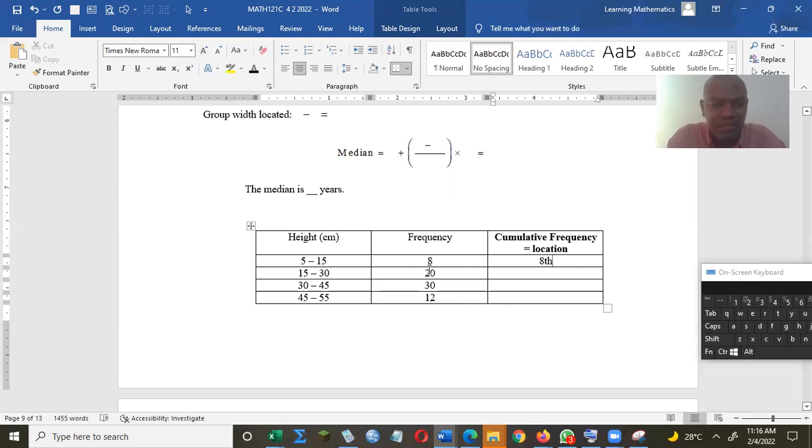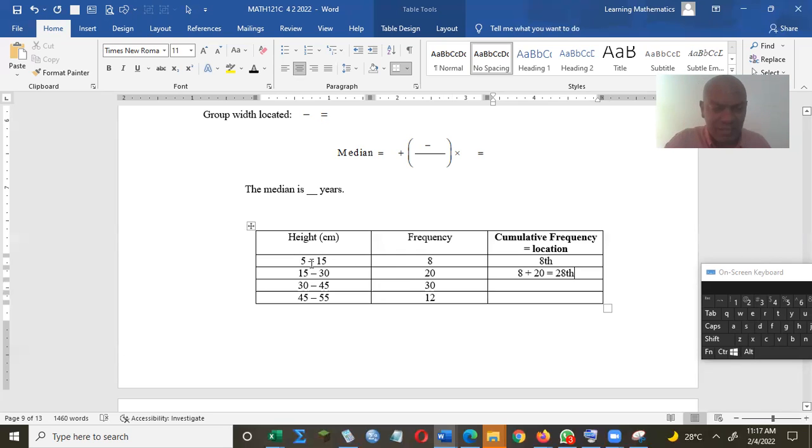The 8th position is between 5 to 15. The next step is to carry that 8 and add it to 20, and that will give us 28th. Because you are accumulating the frequency, you are finding a location. 8 means 8 between 5 to 15. You have the first, second, third, fourth, fifth, sixth, seventh, eighth in that interval.